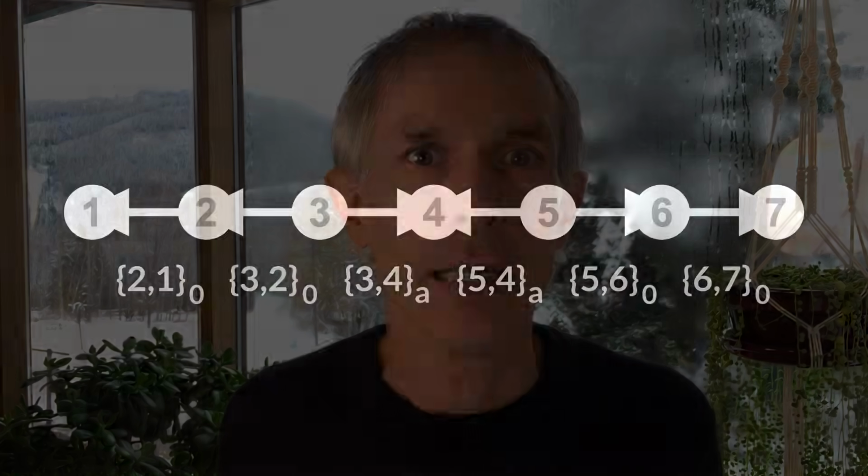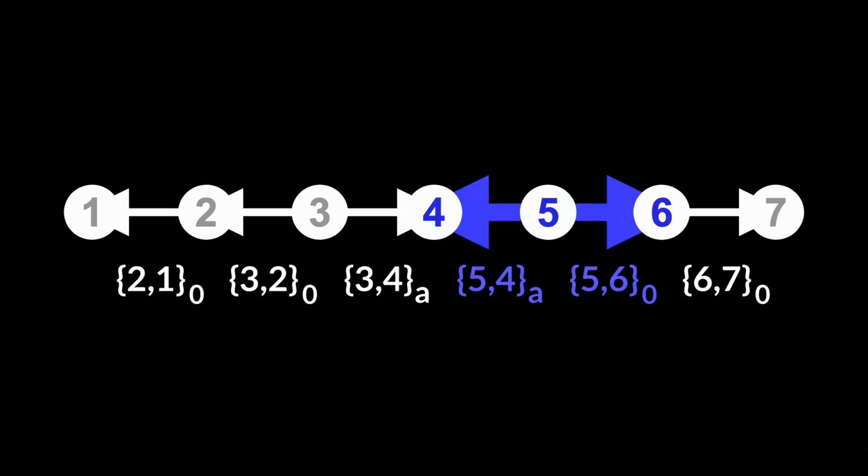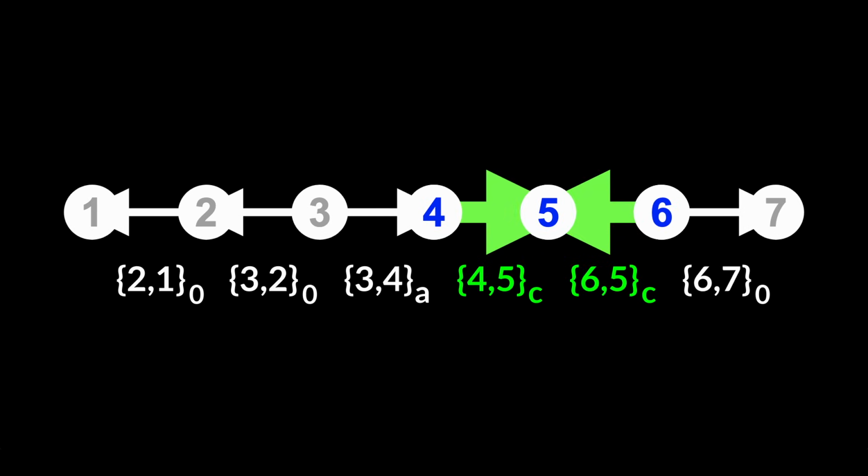If, on the other hand, we follow the other path through the multiway graph, event C happens. It matches edges 5, 4, a and 5, 6, 0, deletes them, and creates two new edges.